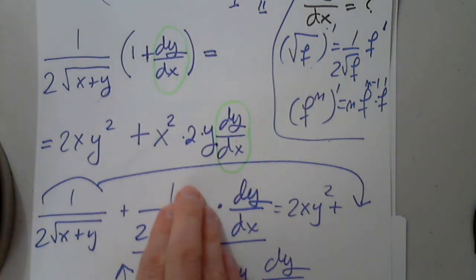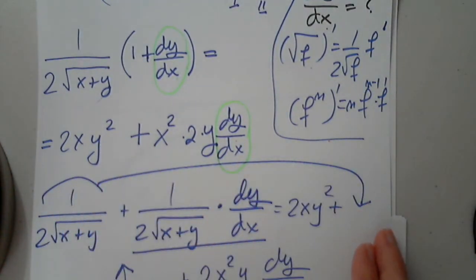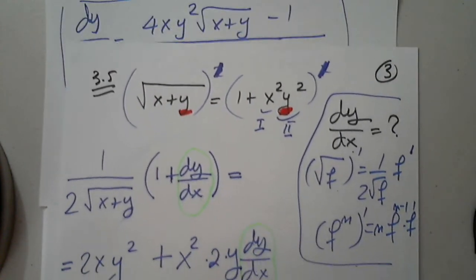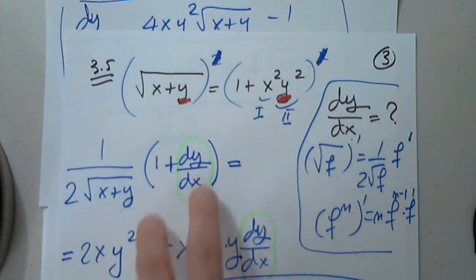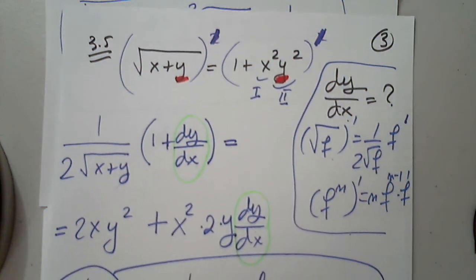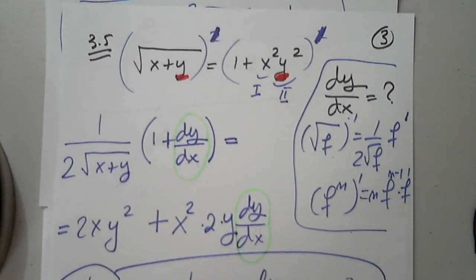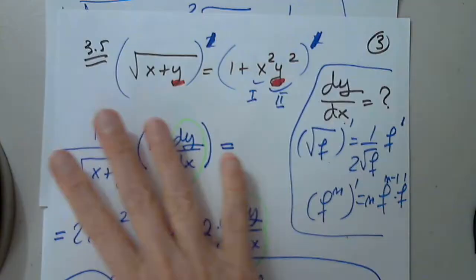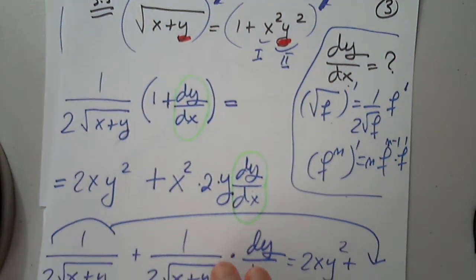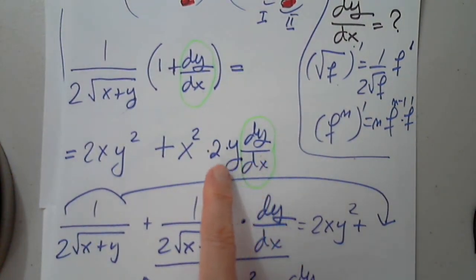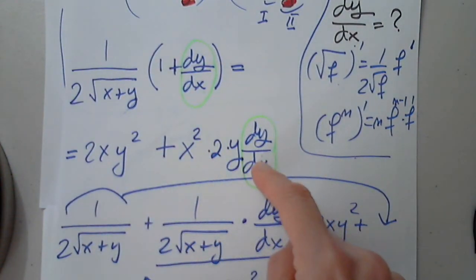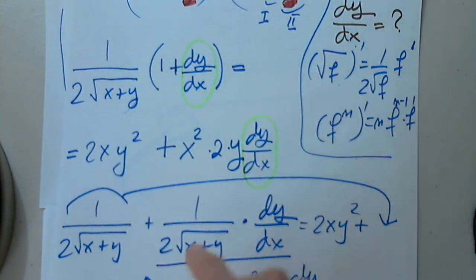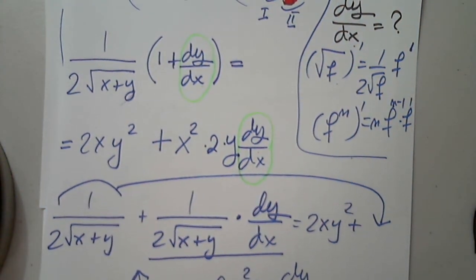I put terms with a variable on one side and terms without the variable on the other. And then I factor and divide. Is something not clear about the differentiation process? All this part is nothing new. What I'm really teaching in this section is how to use this notation, and how to solve a linear equation.